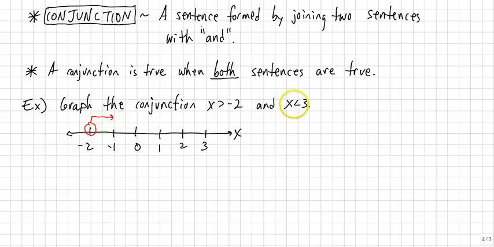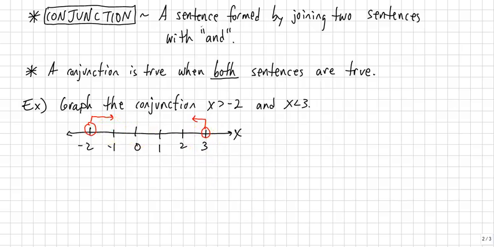But we also want less than 3. So less than 3, here's 3. We don't want to include 3, we want less than 3. But this conjunction is only true when both of these are true. In other words, it's only the x values that are bigger than -2, but also, at the same time, less than 3.